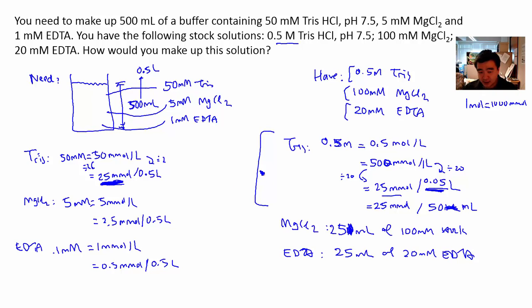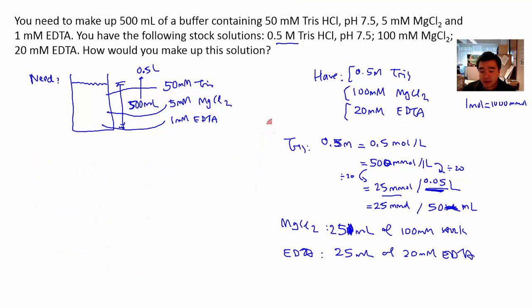Okay. The other way of doing this calculation, if you're interested, is the X factor method, or the dilution factor method. Okay. Let me just rub out some of this. Okay, so for the trick way, what we can do is we can say our stock solution of tris is 0.5 molar. This is the same as saying 500 millimolar.